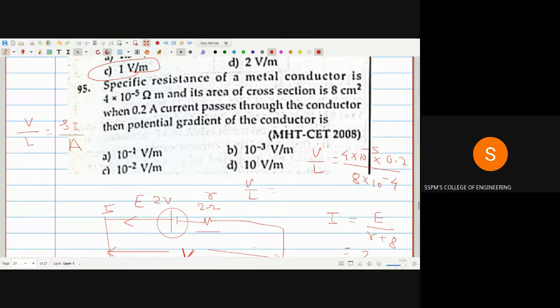V by L is equal to 1 into 0.2 divided by 2 into 10 to the power minus 1. 0.2 divided by 2 is 0.1, so it is 0.1 into 10 to the power minus 1, or 1 into 10 to the power minus 2. Option C is correct.